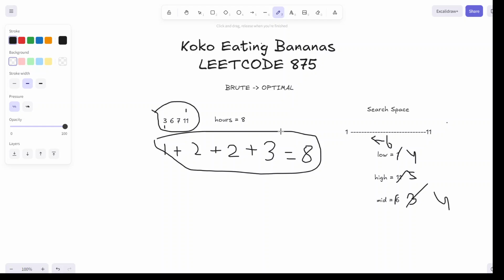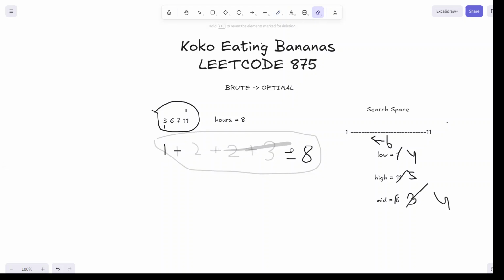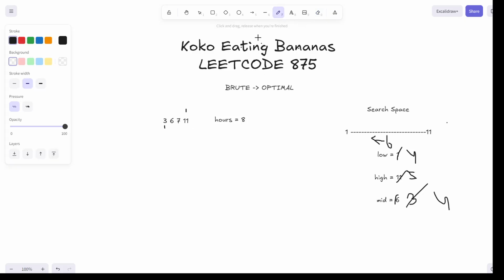Okay, so let's take the example of 11. If we are solving for 11 and the speed that we are taking is 4, the answer we can take 4 as the speed. So for 11, in the first hour 4 are taken, so 11 becomes 7, one hour.